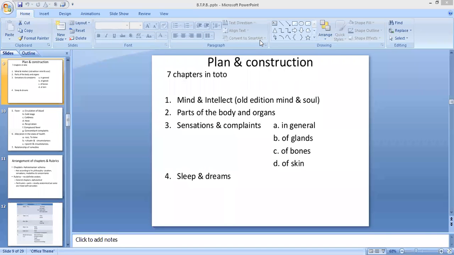So how are these chapters arranged from head to lower extremity? The first section is head. In that, internal head, external head, then eyes, vision, ears, hearing, nose, smell, face, teeth, mouth, throat, then hunger and thirst. The 13th chapter is taste, then eructation, then nausea and vomiting, then the abdomen chapter.